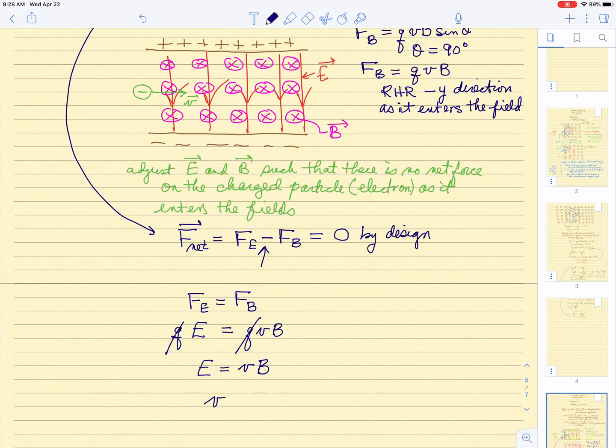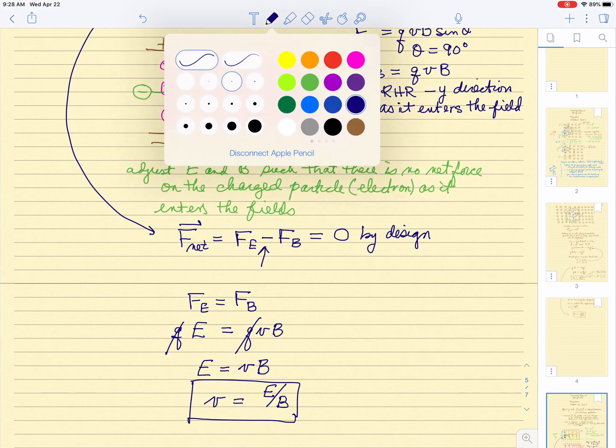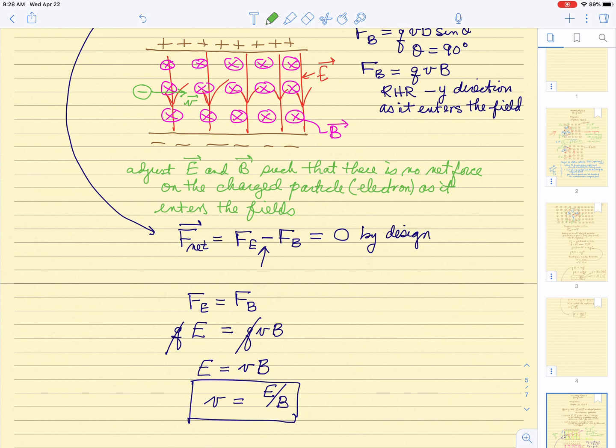And so V is going to be equal to E over B. It's a really wonderful equation. So what happens in that case is that if that magnetic field and electric field are adjusted, the particles go through unscathed and will exit out at the same speed that they entered with.